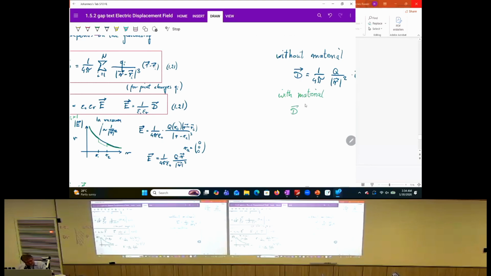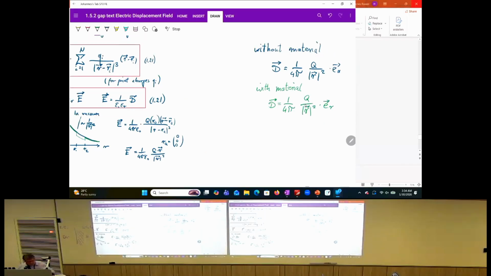The displacement field is then 1 over 4 pi q over r squared. Any difference? No, there's no difference. And this is exactly the nice thing about it. We have now a field which only depends on the charges, in this case Q, that is generating the E field, but it is independent of the material.